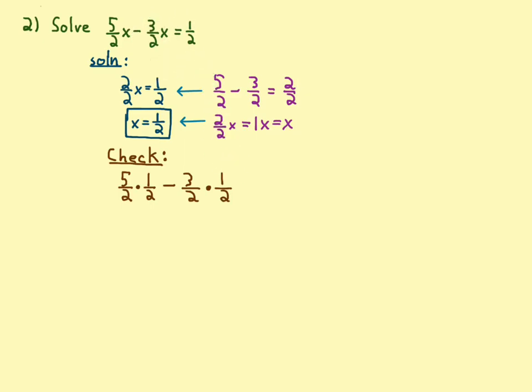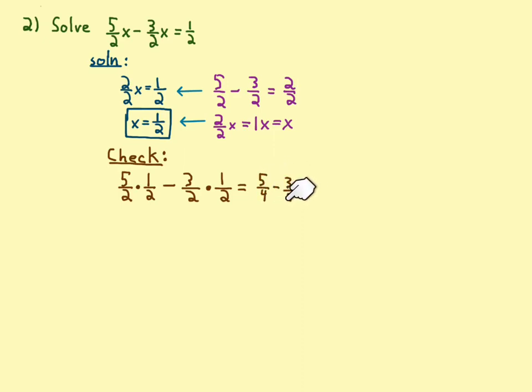And I just multiplied them out: 5 times 1 is 5, 2 times 2 is 4, 5/4, minus 3 times 1 is 3, 2 times 2 is 4, 3/4.